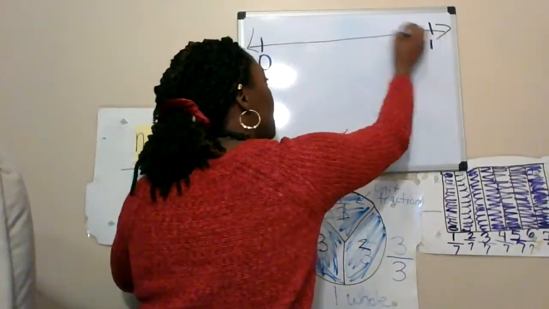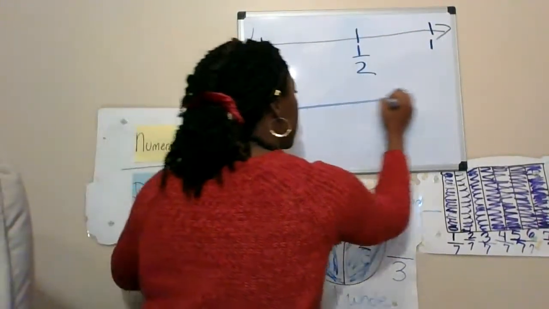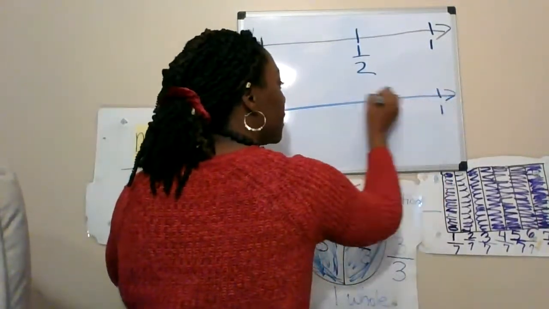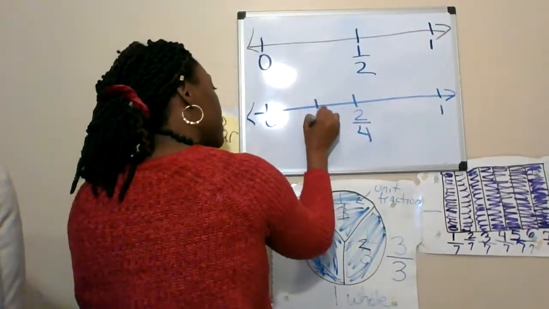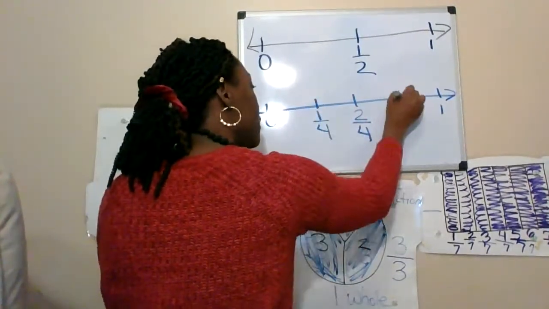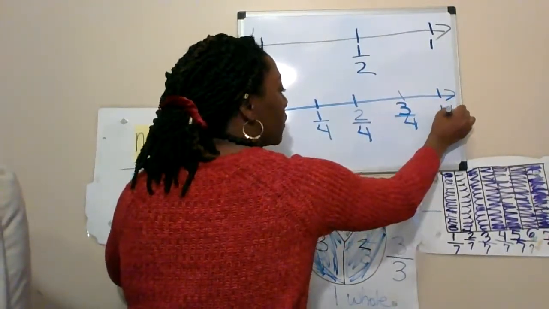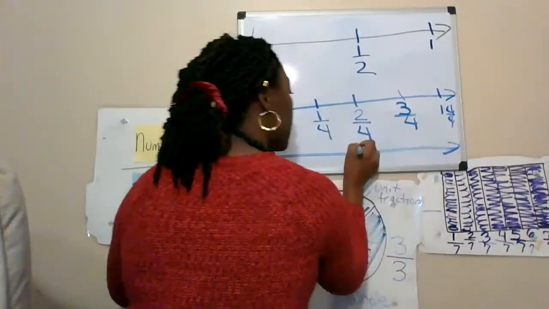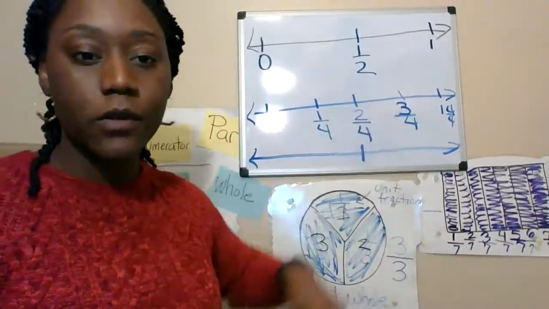0, 1. We all said that 1/2 was the same as 2/4. 1/4, 2/4, 3/4, 4/4. Now, tell me another fraction that will be equal to 1/2 or 2/4.